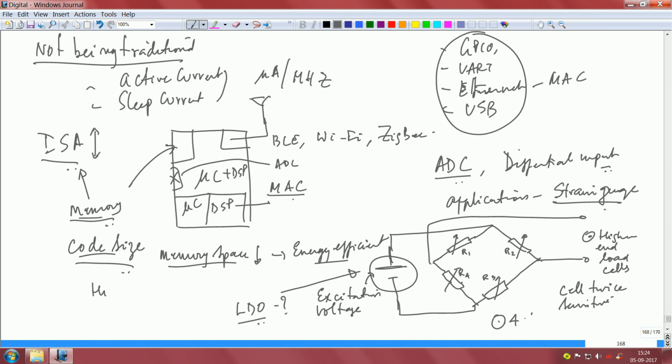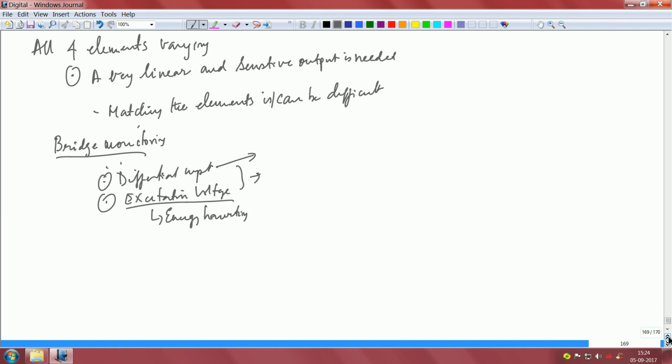Okay. So, energy harvesting, LDO, then the excitation voltage for the Wheatstone's bridge, all of them at the end of this course you realize are all connected, and that is important. Okay. This is one part.